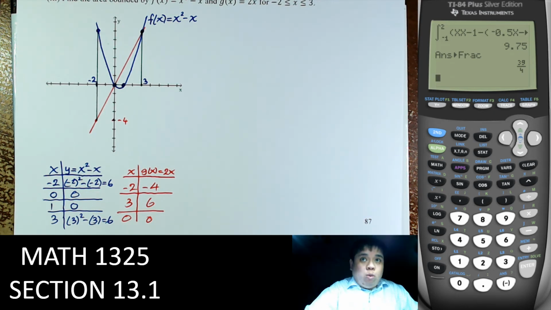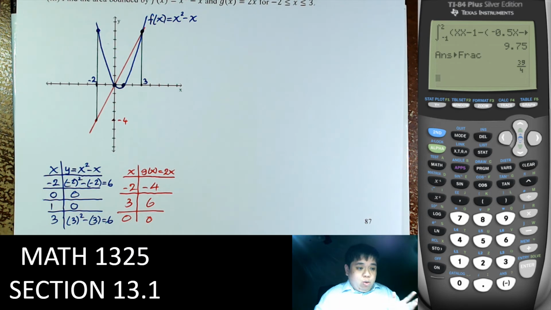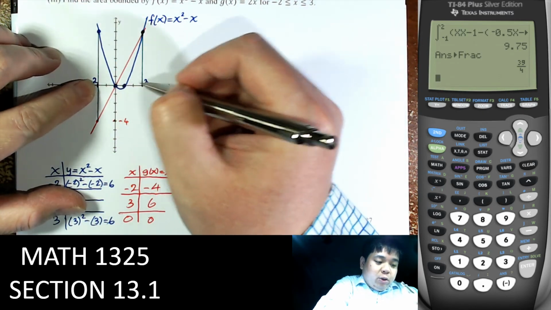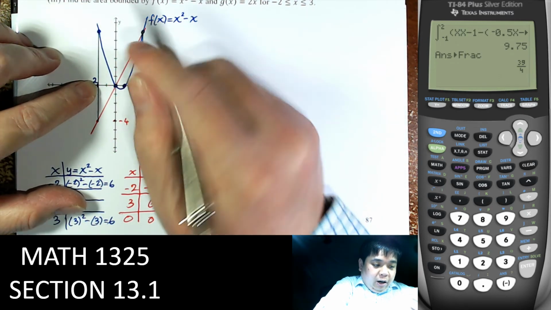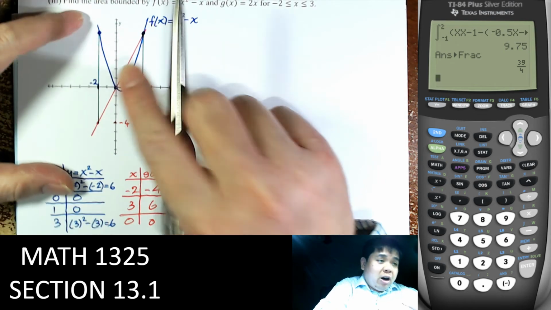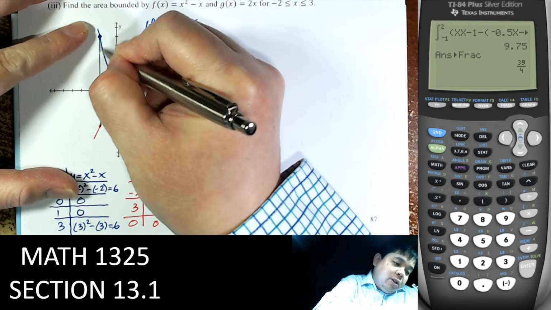Now what is the area? The area between the two curves, right? From -2 to 3, notice that from -2 to 0, the curve is above the line. So we're talking about this area.